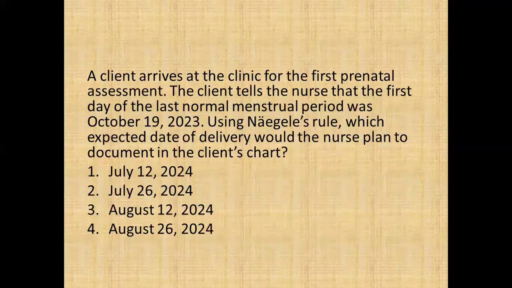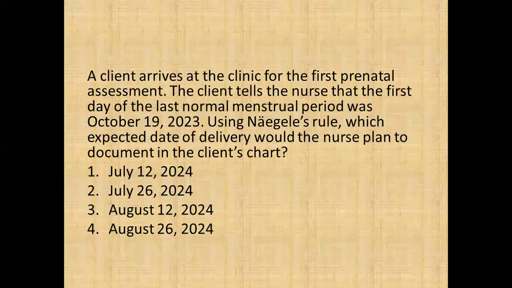Yes, this is another example on how to determine the EDD. Let's look at this question. A client arrives at the clinic for the first prenatal assessment. The client tells the nurse that the first day of the last menstrual period was October 19, 2023.